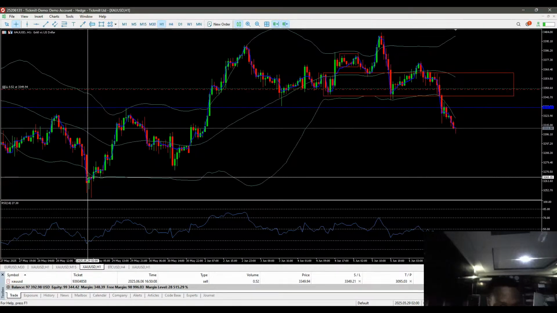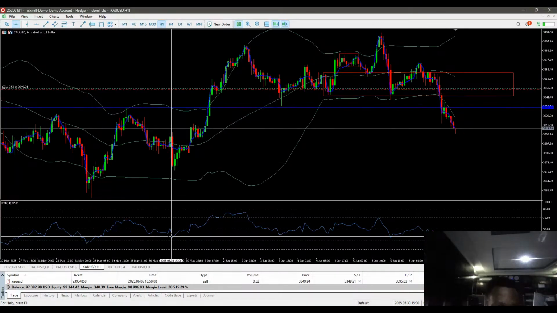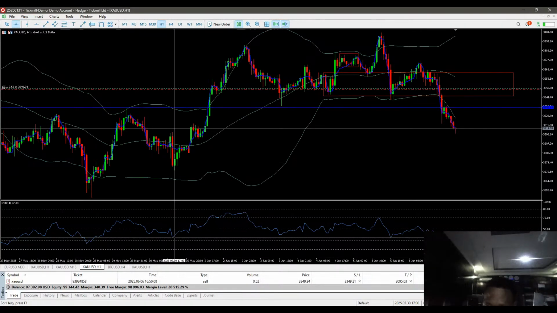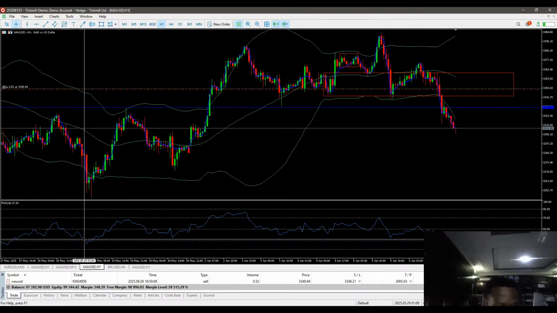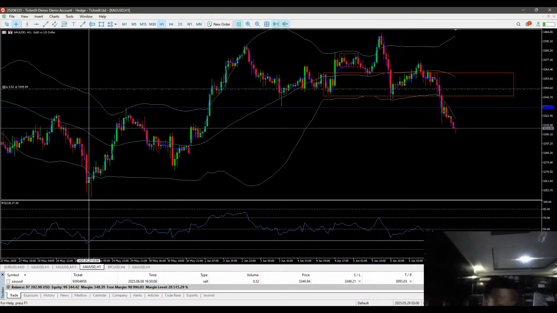To take a buy, we allow RSI to be below 30, or close to 30. Sometimes it may be close to 30, so let's use below 30.